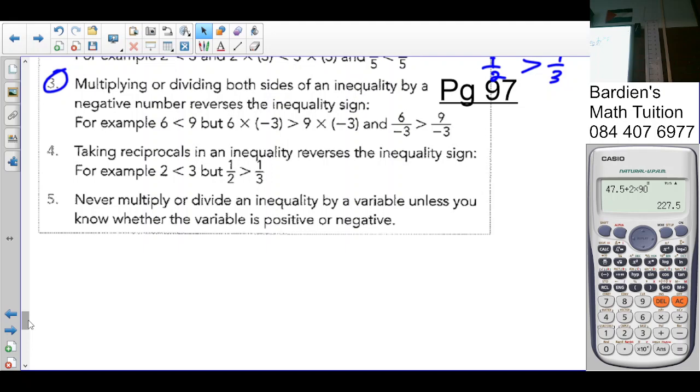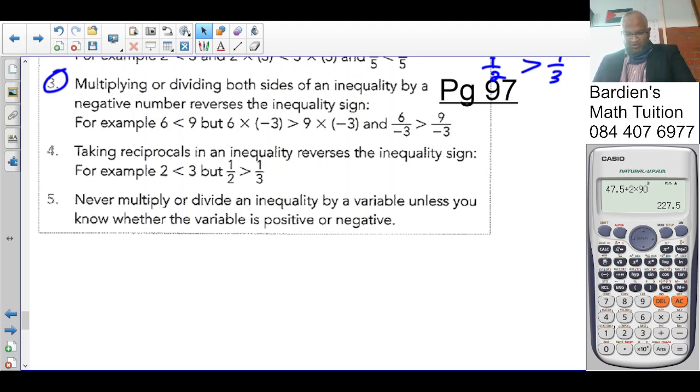If you don't know if the variable is positive or negative, then if it's negative, the inequality must swap around. If it's positive, the inequality must stay the same. You understand why they are saying that? Unless you know it's positive, then you can multiply across the inequality. So that is important to note at this point.